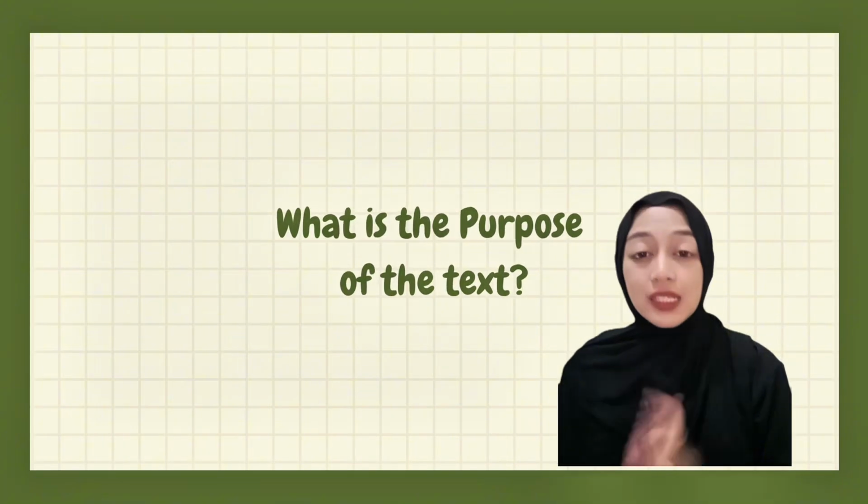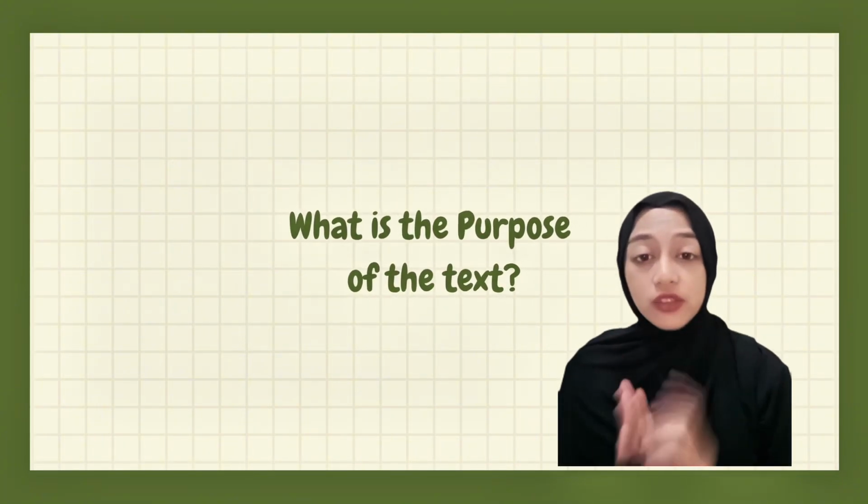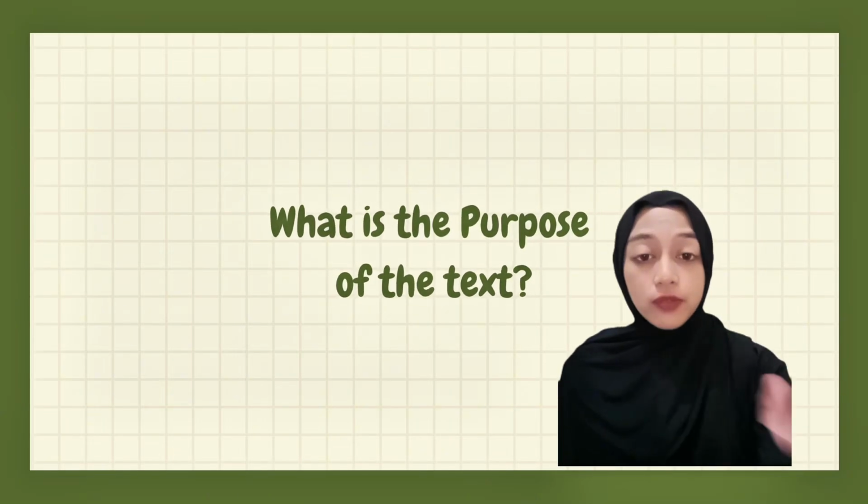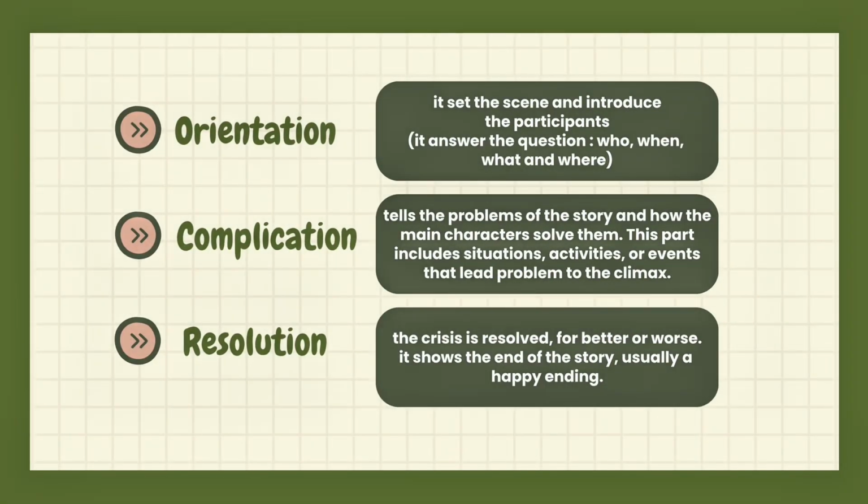Next, there are three generic structures of narrative text. Orientation. It sets the scene and introduces the participants. This section is used to introduce the characters, place, and time of the event. Second, complication.